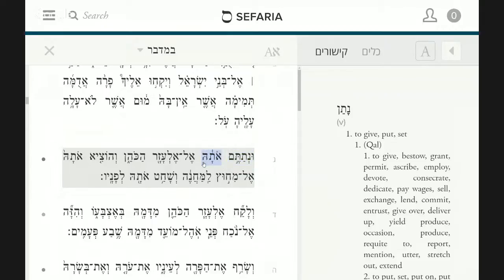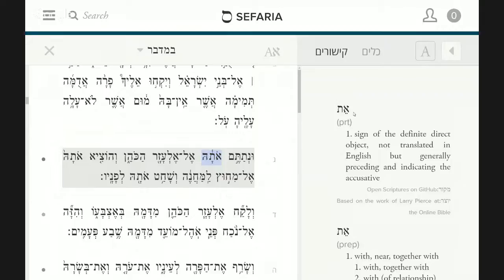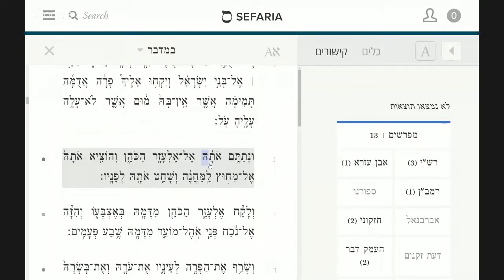And now otah. Otah is like this word et, which indicates the definite direct object. But then it's got this ending on it, the feminine third person singular ending. So this whole word becomes the pronoun, not just the definite object marker.